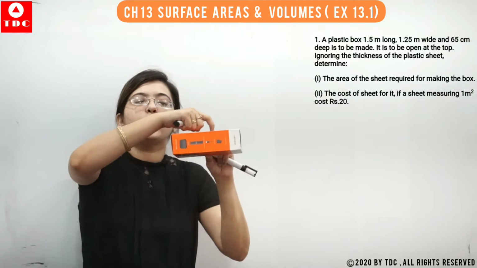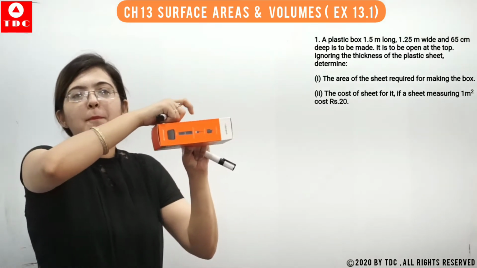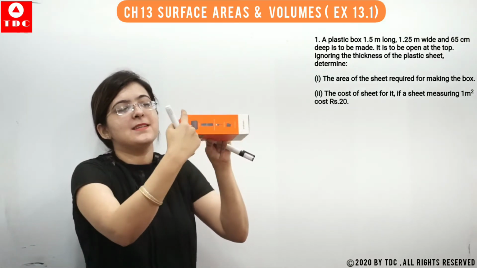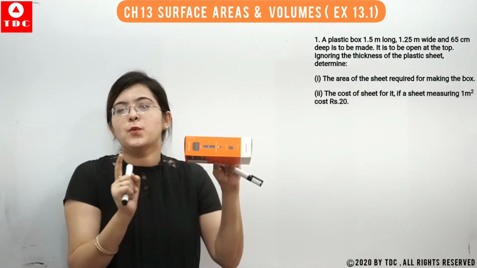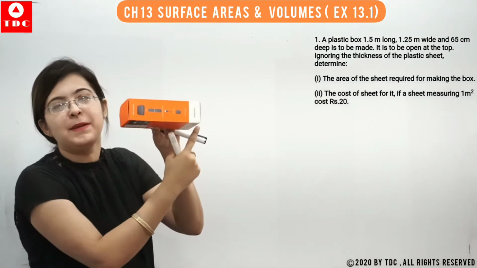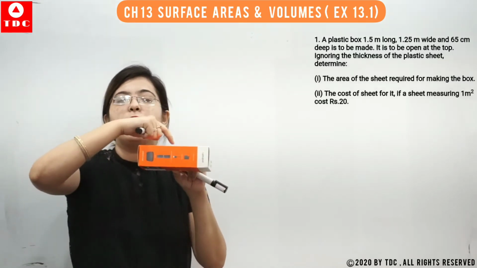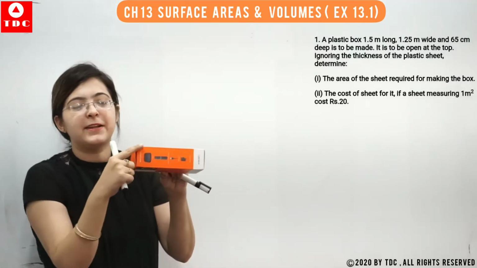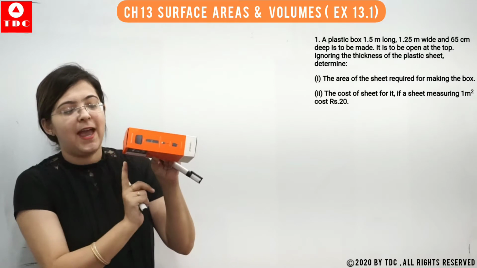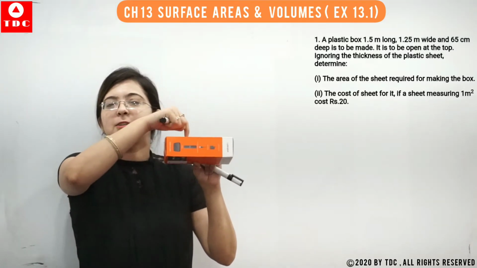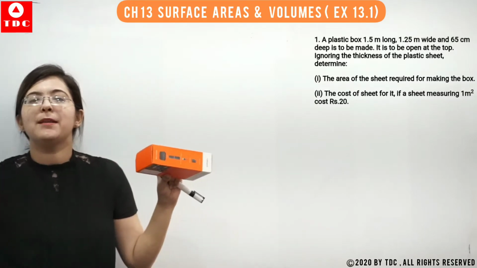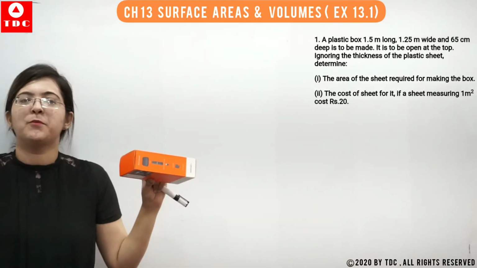But here we have to keep the top open. So top has this length and breadth. So 2LB we don't want. We want only 1 LB. What will be the area of this top? Length into breadth, and bottom, length into breadth. So we don't want the top actually, so 1 LB will be removed from the formula.